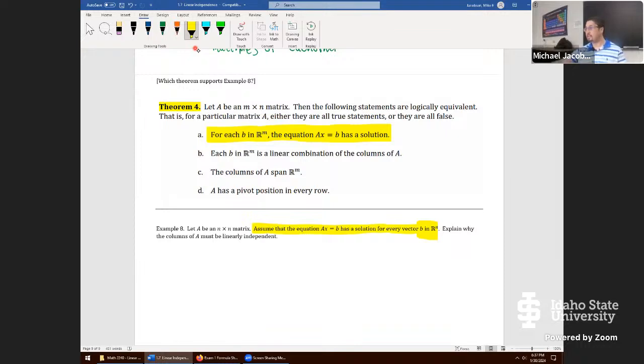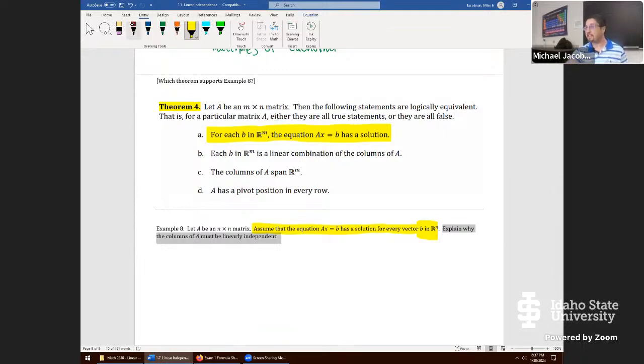They're the same concepts. Now that we know this statement is true, so are all three other statements. We're looking next for the part of theorem 4 that's going to explain why the columns of A must be linearly independent. It's either going to be B, C, or D. Anyone see which part of the theorem we need to move to the next portion?